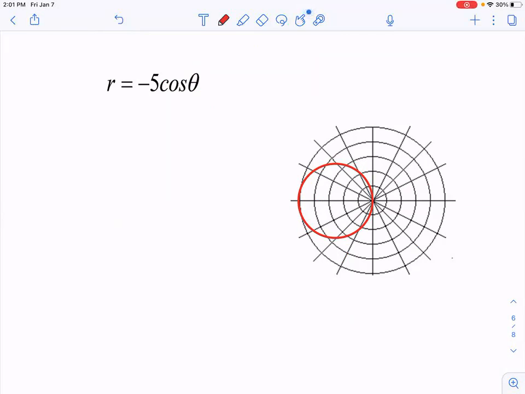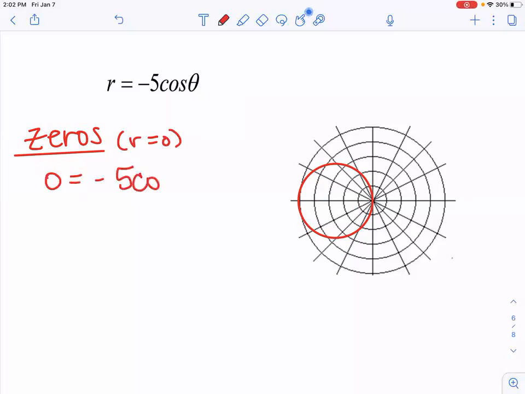Now, what if I ask you to find the zeros? We are in polar. So when I'm asking for zeros, I want R to equal 0. So when we divide by the -5, when is the cosine equal to 0?